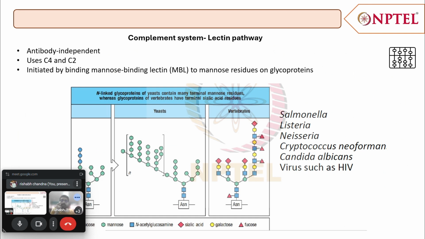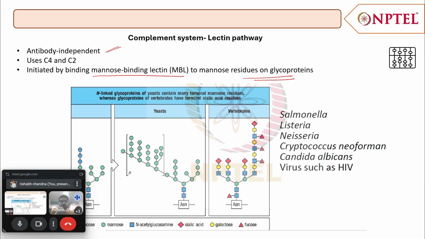Now, the lectin pathway is also antibody independent, and it is initiated by the binding of the mannose binding lectin, MBL, to the mannose residues on the glycoproteins. The N-linked glycoproteins of yeast contain many terminal mannose residues, whereas glycoproteins of vertebrates have terminal sialic acid residues.